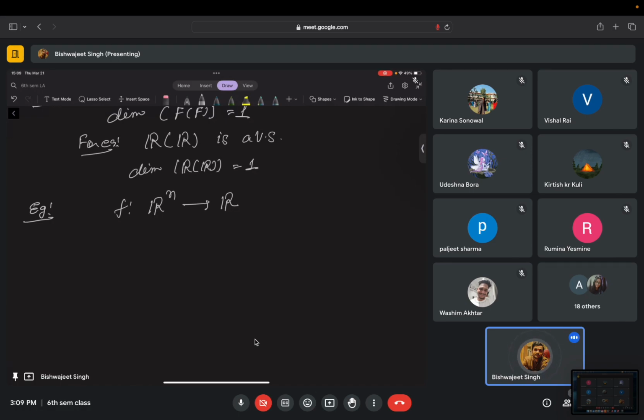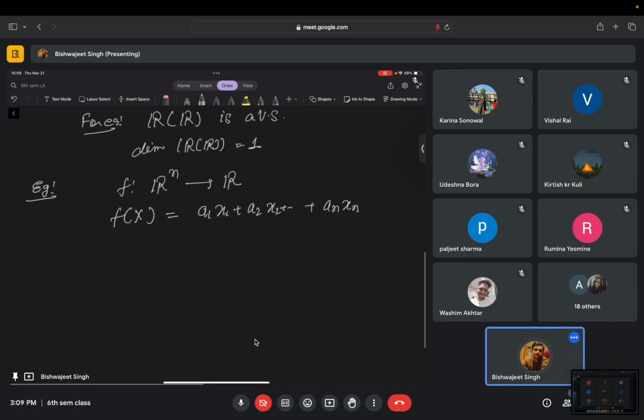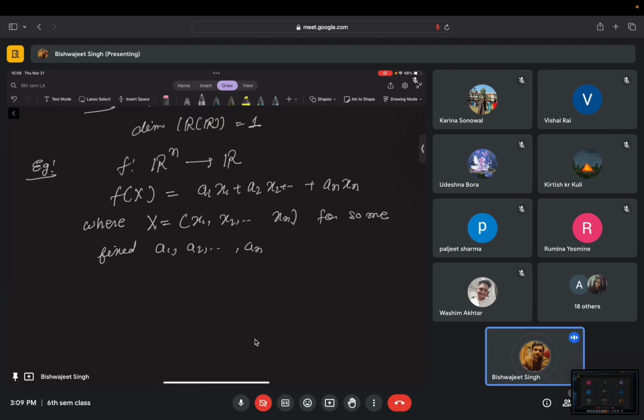So now if I take a transformation f from Rn to R such that f of x equals a1 x1 plus a2 x2 up to an xn, where x is some vector in Rn, that is x1, x2, up to xn, for some fixed a1, a2, up to an. Now this is actually a linear functional.